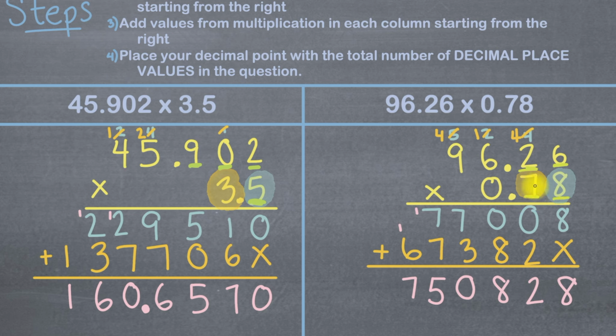I've got 4 decimal place values, which means I'm going to start right here and go 4 places to the left. 1, 2, 3, 4. So our decimal is going to go right here. And our final answer is 75.0828, or 75 and 828 10,000ths.